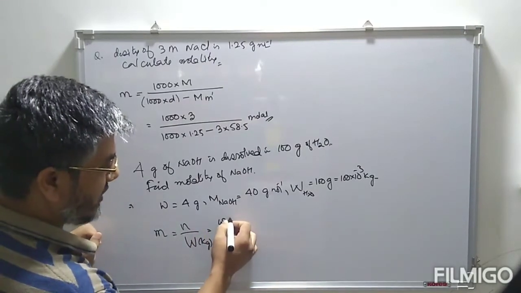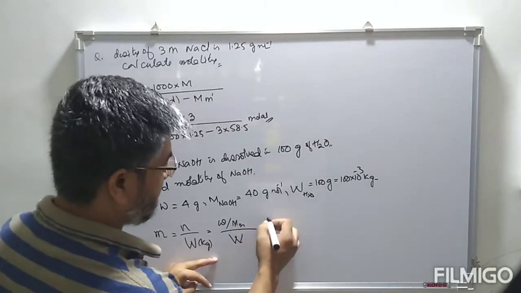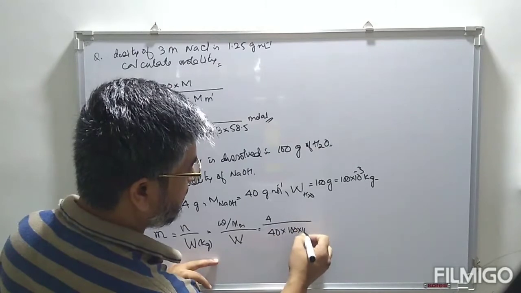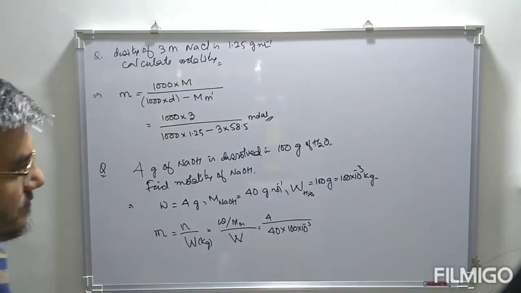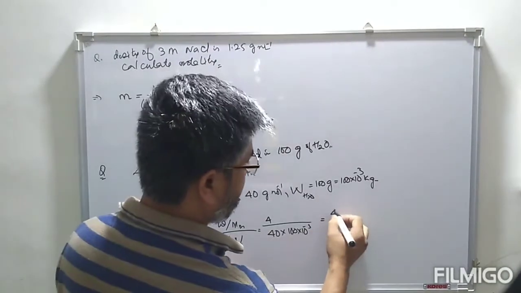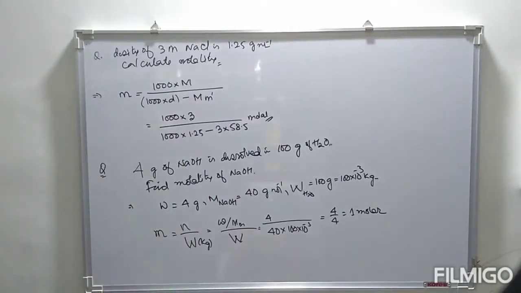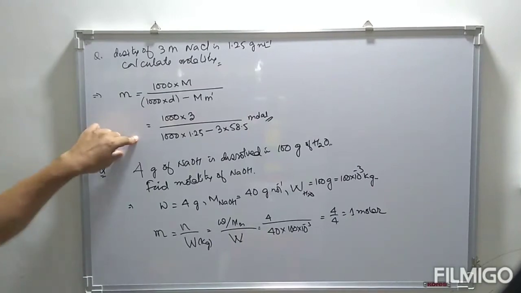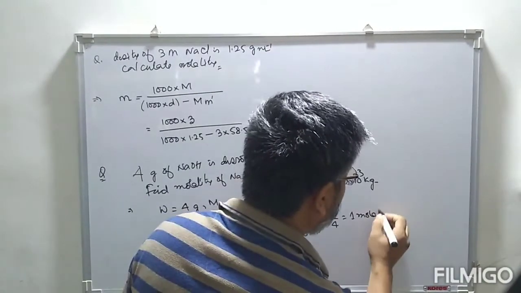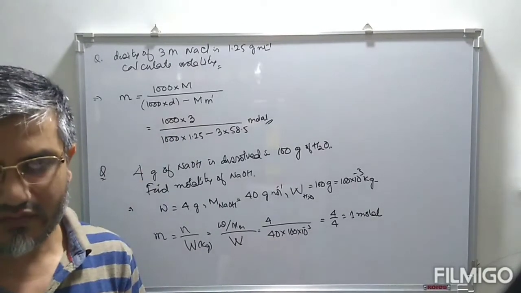So this is mass by molar mass divided by mass of solvent. 4 divided by 40 into 100 into 10 to the power minus 3. So this is 4 by 4, or we say 1 molar. So 4 grams of sodium hydroxide in 100 grams of water is equivalent to a 1 molar solution. So this is how we define molarity of a solution.